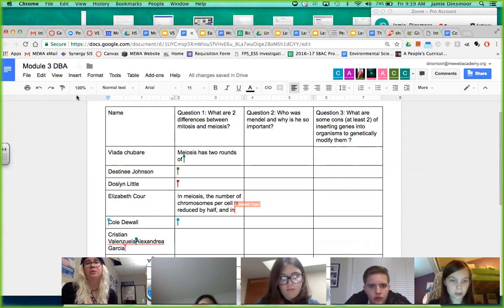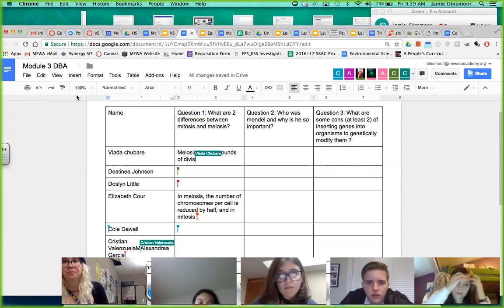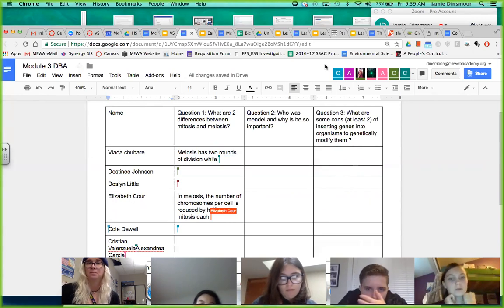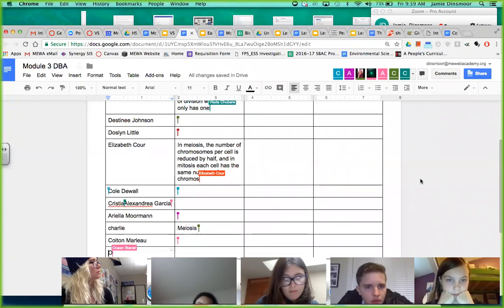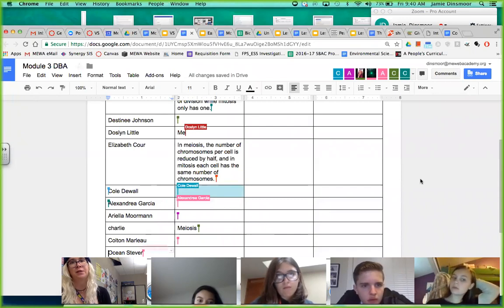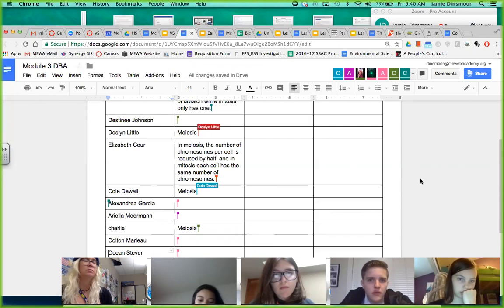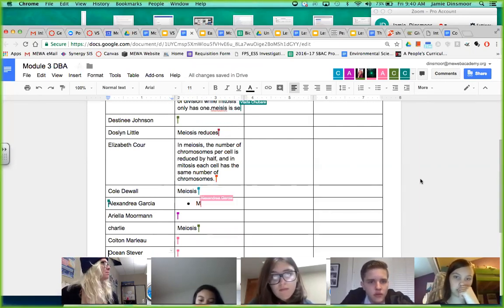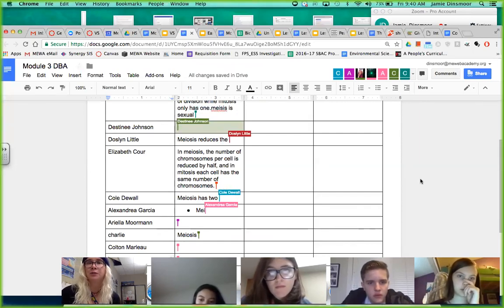The number of chromosomes is reduced by half in meiosis. Great. Mitosis is asexual and meiosis is sexual reproduction. Excellent suggestion by Jordan over here. Mitosis is asexual, meiosis is sexual. That's two differences, I guess we could say, right? Yeah, the asexual contains two daughter cells, and then it's four daughter cells. Good. Makes two cells versus four cells.